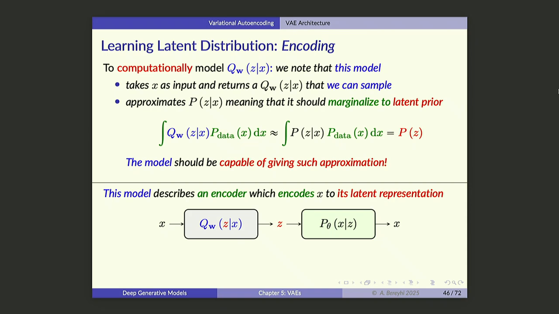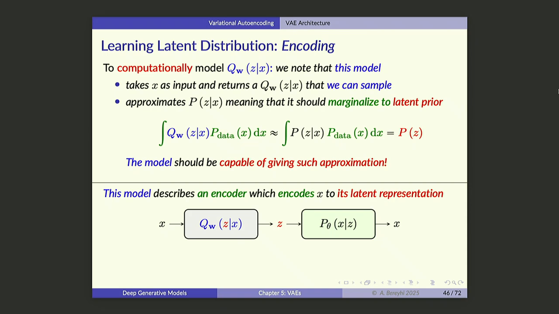So this Q, this Q_W, is trying to approximate P of Z given X. If I really had P(Z given X), and I multiply it with the data distribution and marginalize over all data, it's going to be exactly the latent distribution. So I need this Q distribution to also be able to do that. Everybody's clear? Because my latent distribution, P(Z), is fixed.